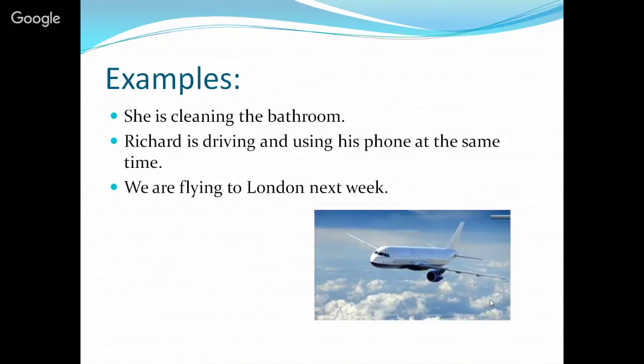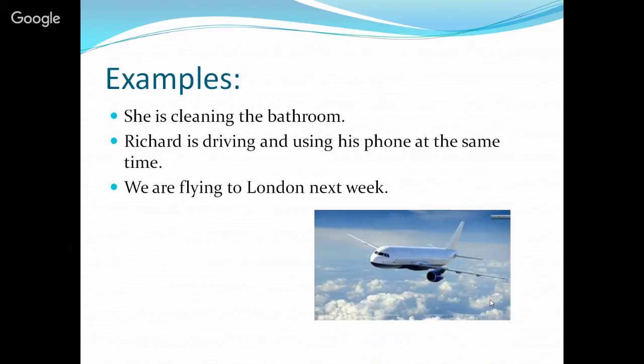Some examples are, the first example is she's cleaning the bathroom. In that situation, we refer to a person in the present who is cleaning the bathroom at a specific time. The next example is Richard is driving and using his phone at the same time. We have both actions happening simultaneously.